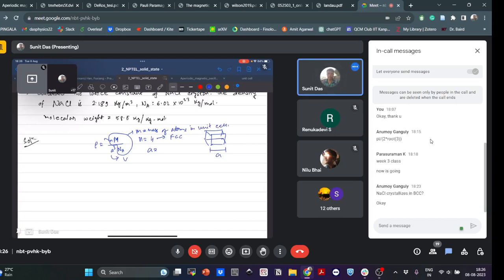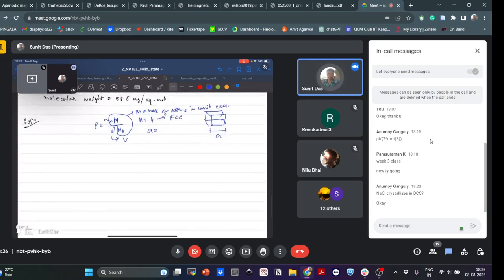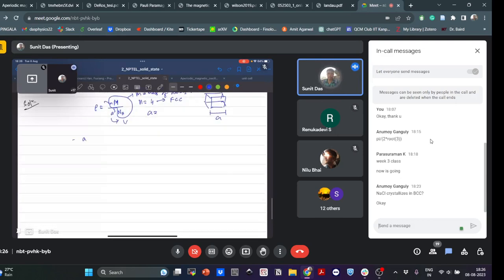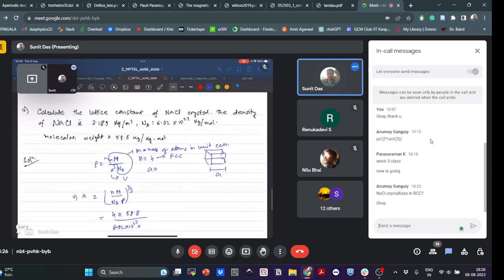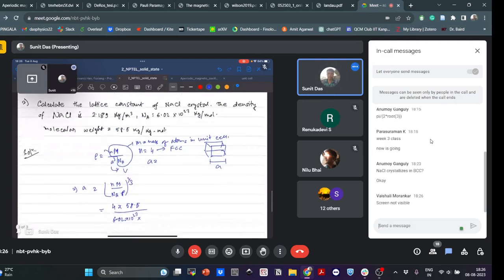Unit cell. Okay. So we need to find the dimension. So this will translate into A equals N M by Na rho to the power one third. So N is 4, M is 58.5, Na is 6.02 into 10 to the power 23, into density, which is given as 2.189 kg per meter cube.